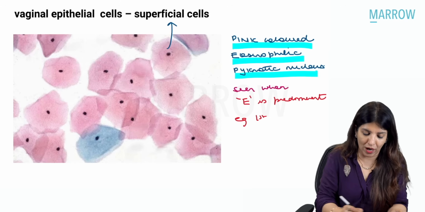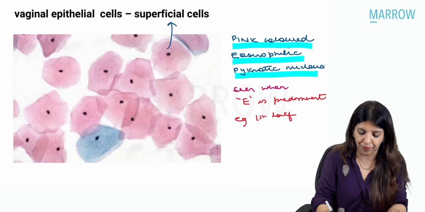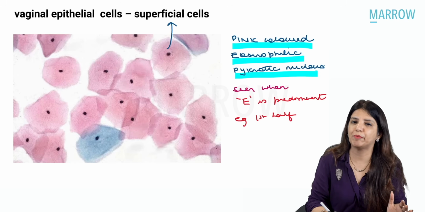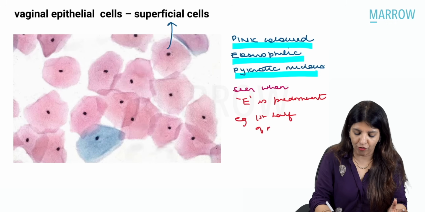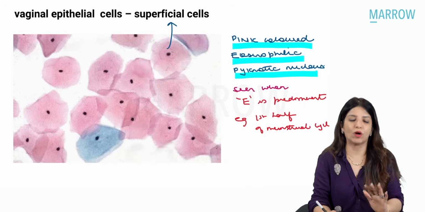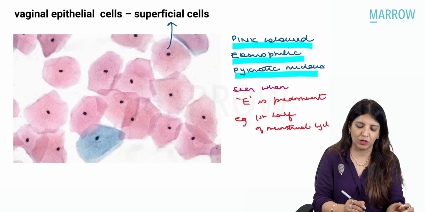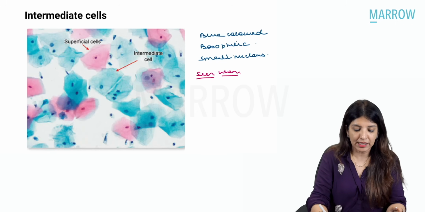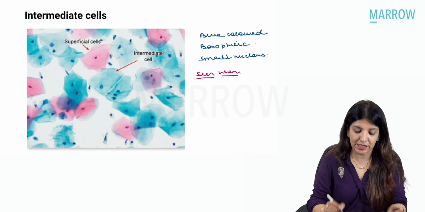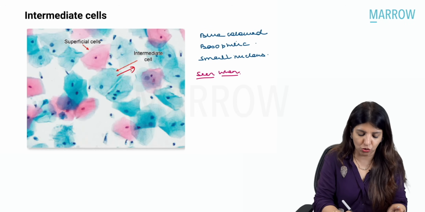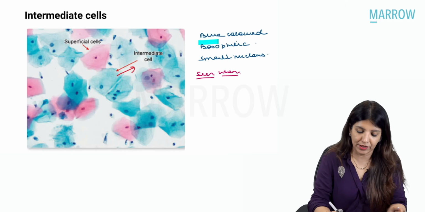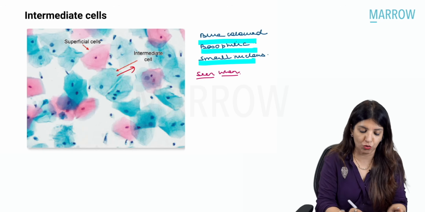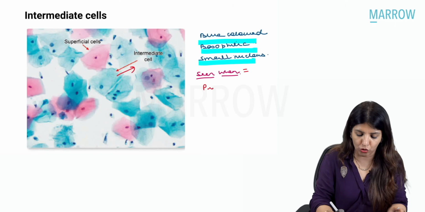So whenever you are going to take a look at the vaginal epithelium smear in the first half of menstrual cycle, then the cells which are going to predominate will be the superficial cells. Then you can get intermediate cells. Intermediate cells are these cells, the cells which are blue in color. They are basophilic and they have small nucleus. They are seen whenever progesterone is predominant.